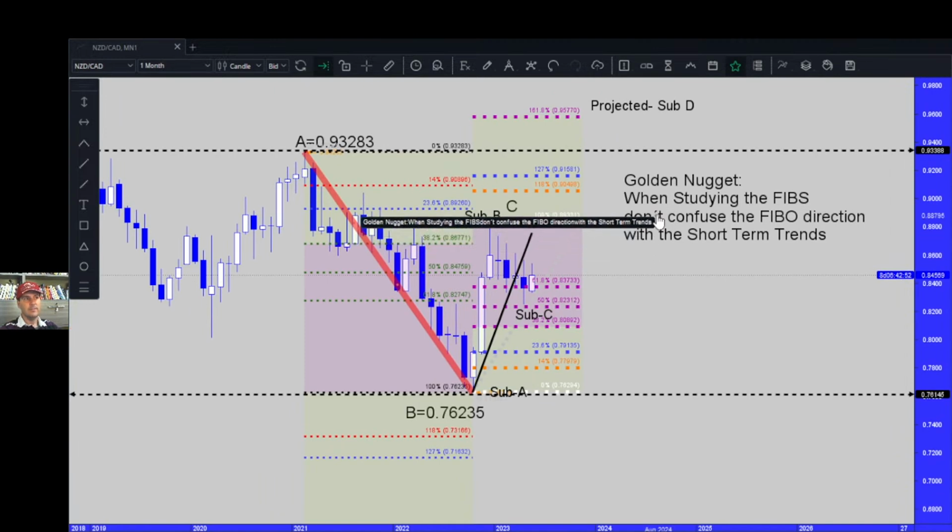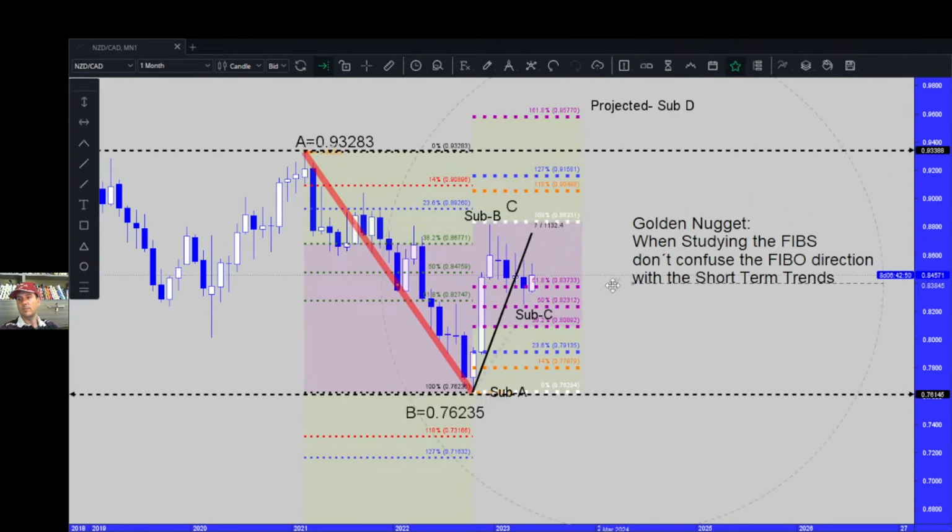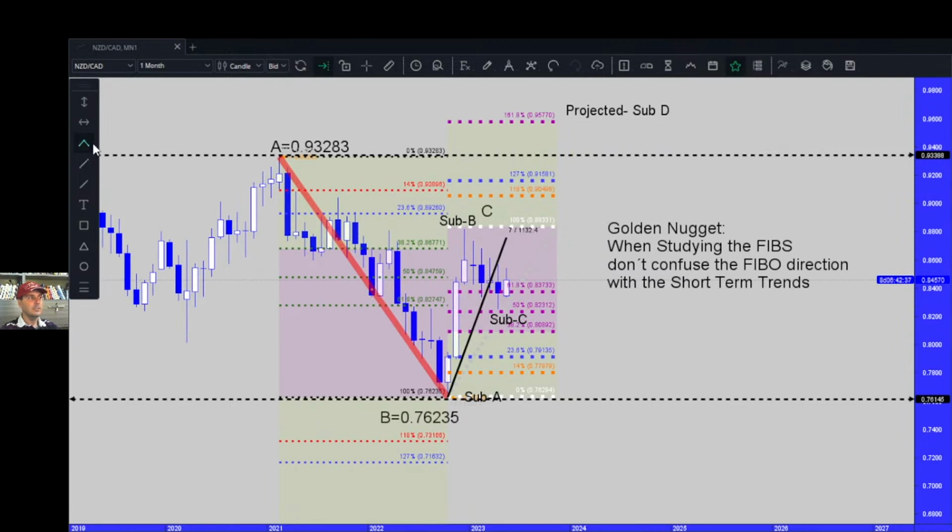Alright everybody, again, don't mix apples with bananas. I'm not talking about market wave, short-term trend, or trend lines, I'm talking about the Fibonacci.